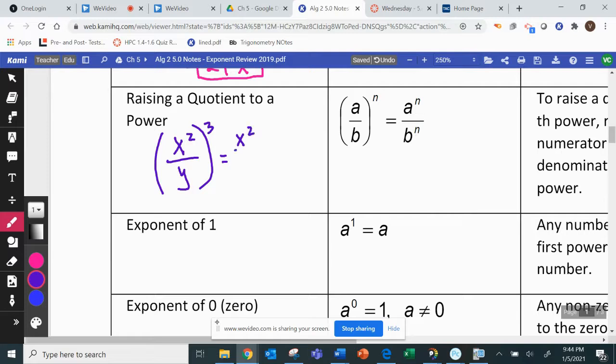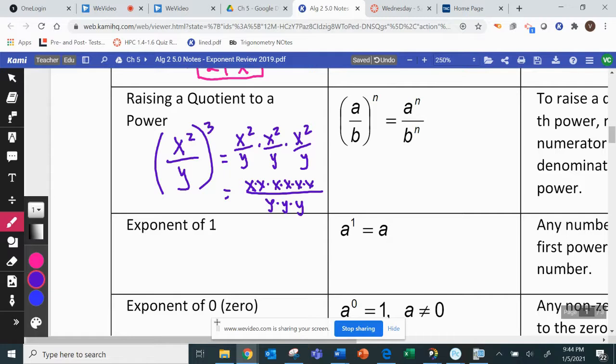So I've got x squared over y times x squared over y times x squared over y. And that becomes, we multiply straight across, x times x times x times x times x times x over y times y times y. Oh my gosh, that's so much work. There's got to be a shortcut.